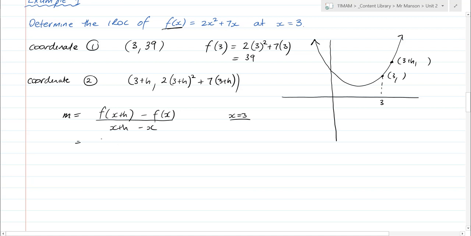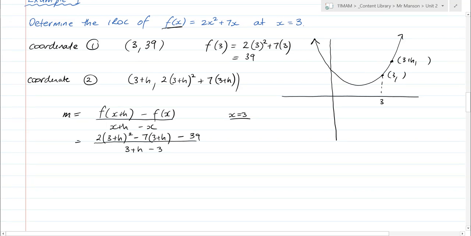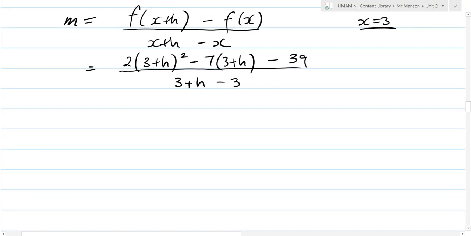We get 2 times 3 plus h squared minus 7 times 3 plus h, and then that is subtract y2, which is 39, and that's all over 3 plus h minus 3. And so simplifying this, I get 2 times 3 plus h squared.